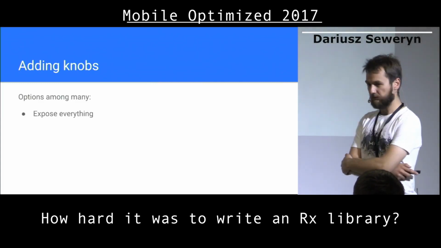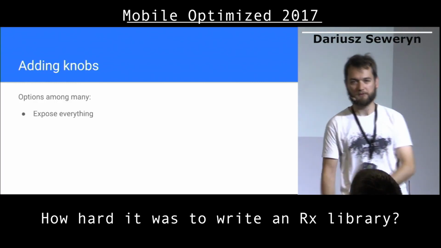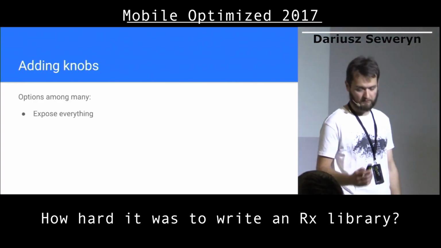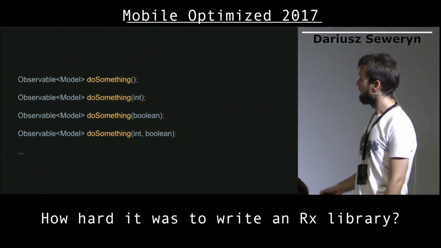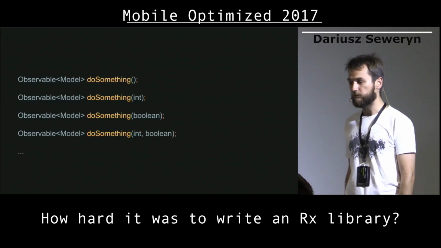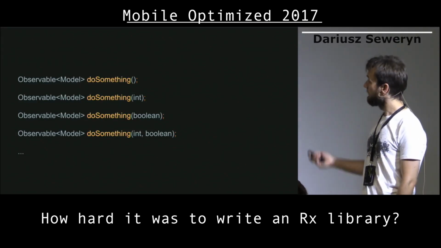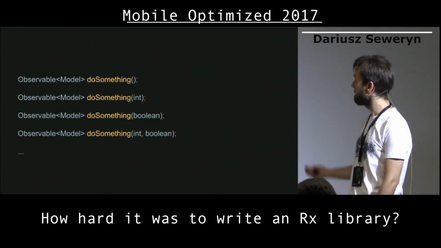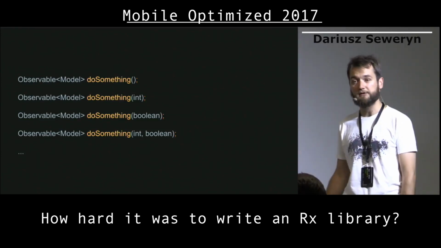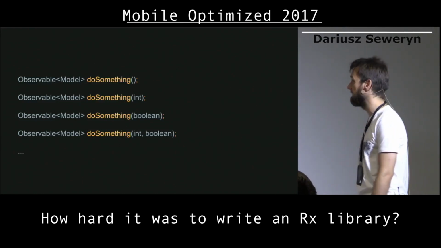Okay, so what options do we have? We could basically expose all of the knobs in the interface. And having an interface that is easy to work with for the novice users will have no parameters. But then, for instance, we can have 2 different parameters that will alter in some way how the API behaves.